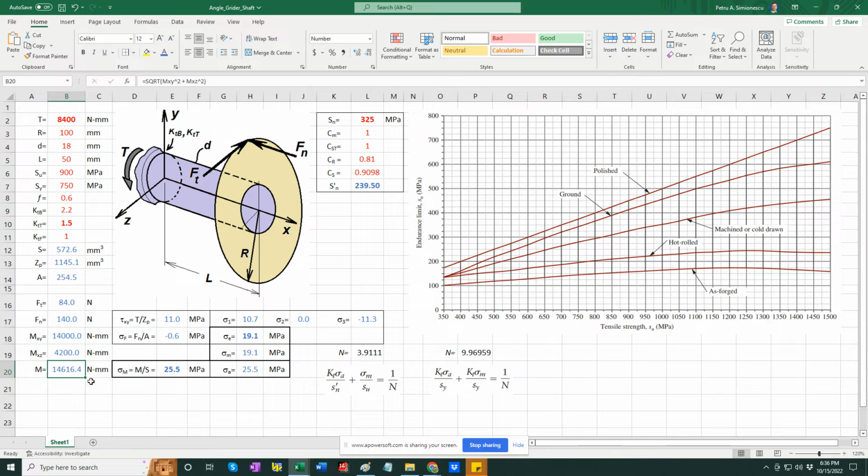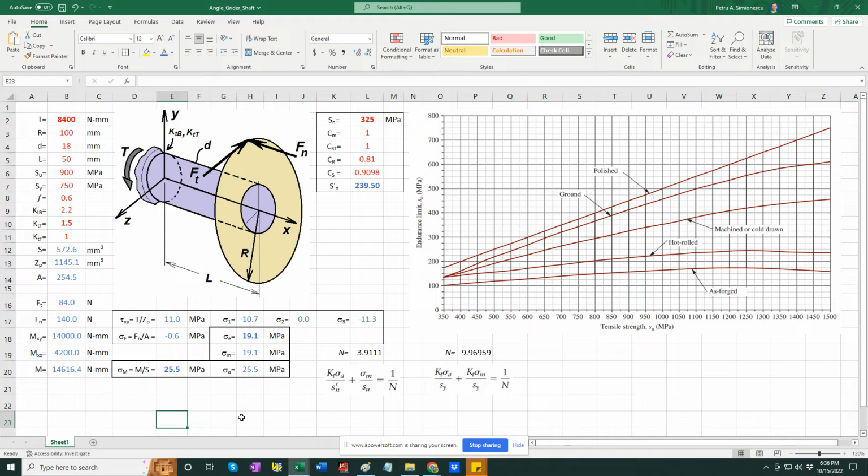So we've got the resultant moment. And with this, we can calculate the bending stress, moment divided by section modulus. For this set of values, as you can see, it's 25.5. We're not applying the stress concentration factor yet. And this is going to be the alternating stress.